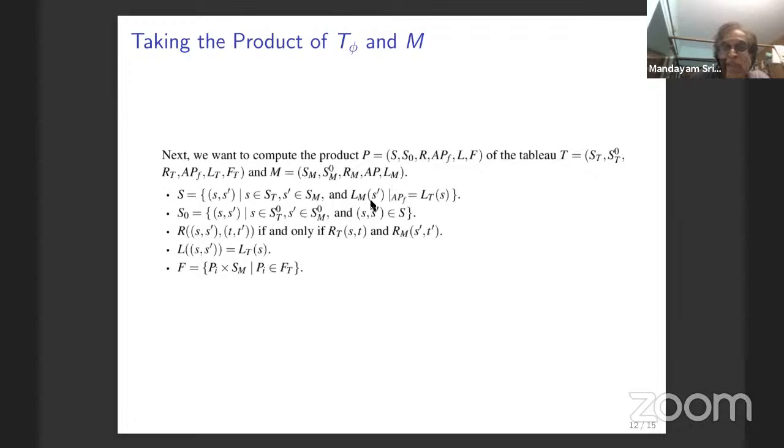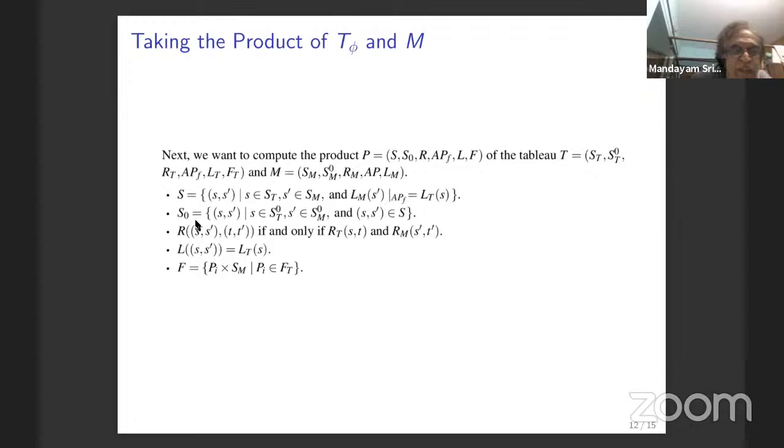Okay, so when you restrict the state of the Kripke model to AP of F, it should be the same. The two states must have the same atomic predicates from the point of view of the formula. Only then does the product make sense.